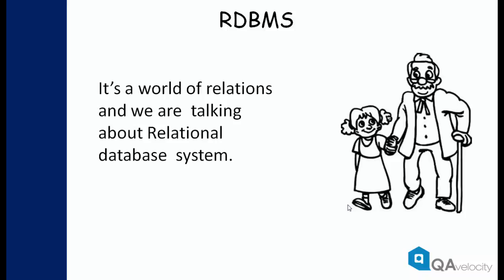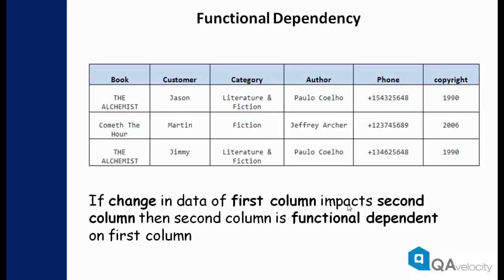So it's a world of relations, right? And we are talking about a relational database system. So in the next slide, we are going to talk about some dependency which one column has on other columns of the same table. Let's analyze the dependency of columns in this table. Let's say if we change the value of the book column, it will directly impact a few other columns of the table like category.